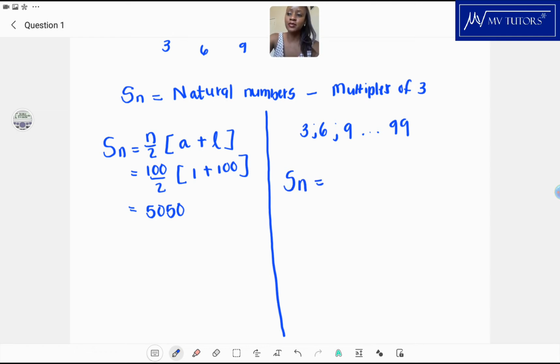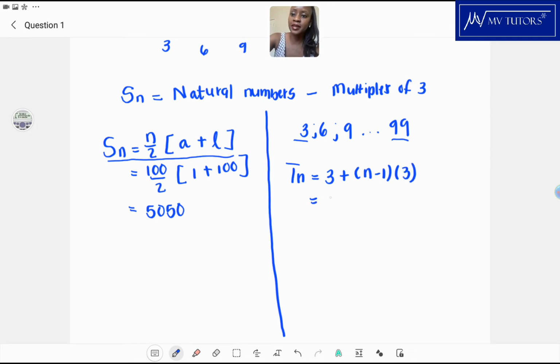So now I'm still going to use this formula here because I have my first term and my last term. But now we need to determine how many terms we have. If I get my general term formula, it would be a, which is 3, plus n minus 1, multiplied by the common difference, which is also 3.